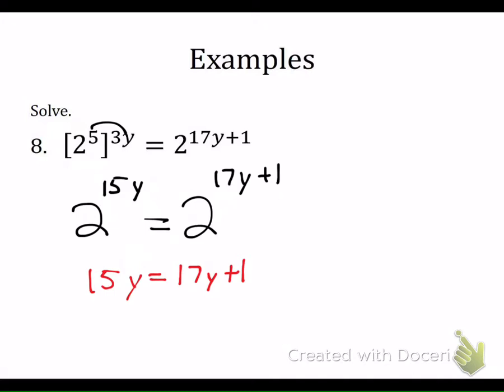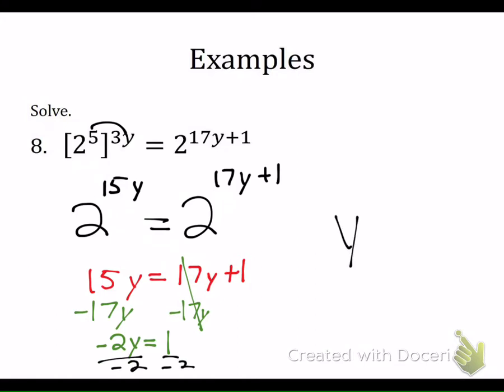All right, what am I going to do? Subtract 17y. Good. So negative 2y equals 1. Then what? So what does y equal? Negative 1/2.